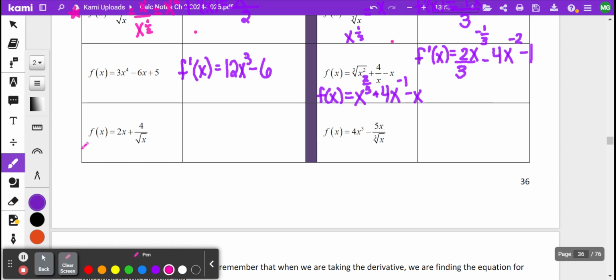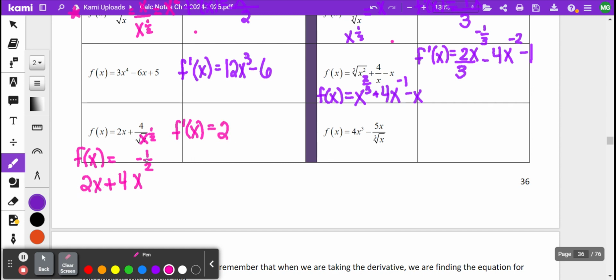So what I would do for this one is I would simply do a rewrite, thinking that this is x to the 1/2. I would definitely bring that to the numerator. So we'd have 2x plus 4 times x to the negative 1/2. So now when we go ahead and take the derivative, well, the derivative of 2x is just 2.